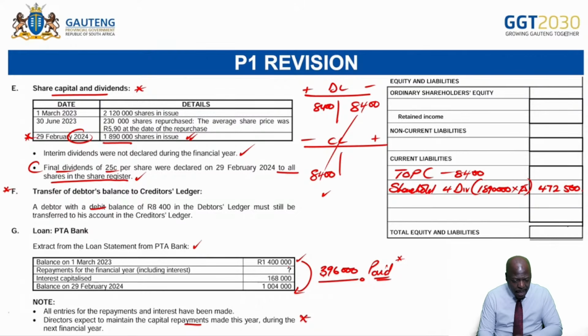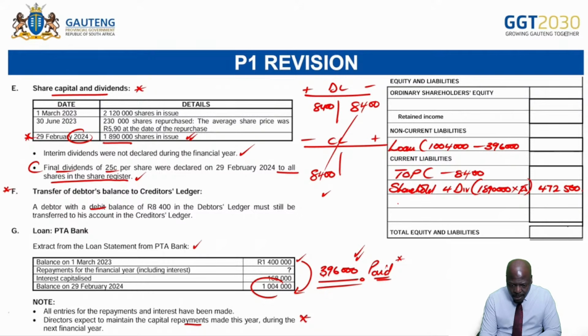And after we pay that, we are owing the bank 1,004,000. So I'll come to my non-current liabilities and I'll say my loan is 1,004,000. But in the next 12 months, I look forward to pay the same amount again, 396,000. So I'll come and say minus 396,000.